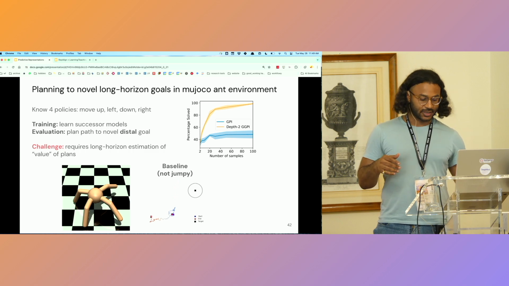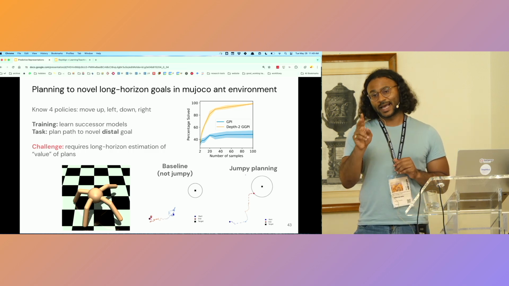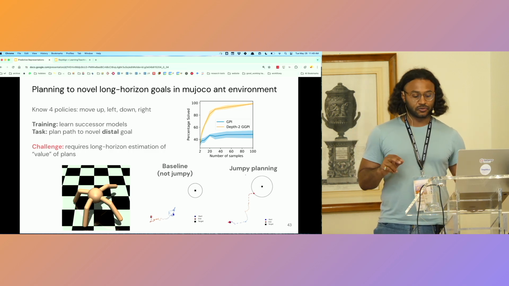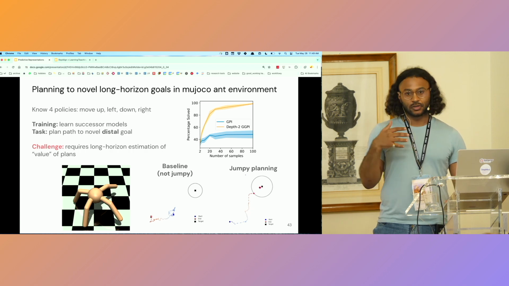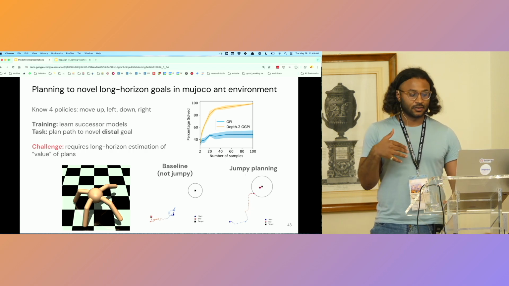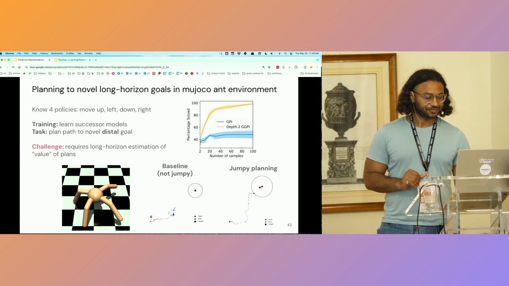It starts here, the goal is here, and it kind of meanders around. Whereas once you have jumpy planning with just plans of length 2, then you're able to effectively plan towards this long horizon goal. So successor models allow for planning towards novel long horizon goals is the punchline here.